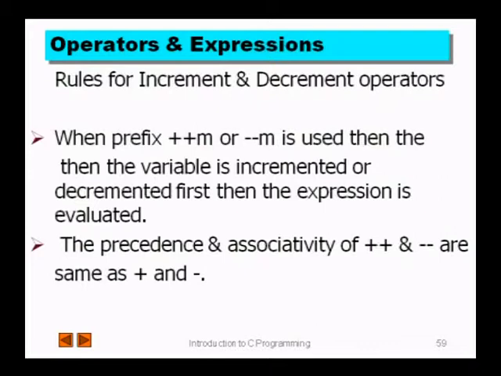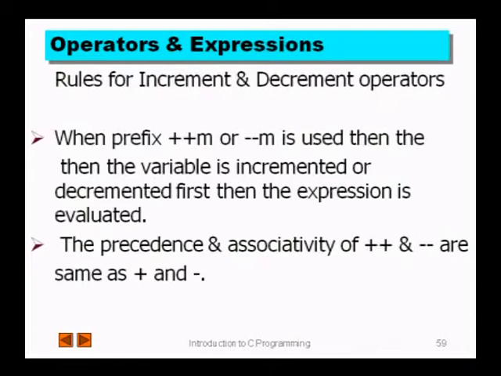So, that is the difference between postfix and prefix operator. The precedence and associativity of plus plus and minus minus are the same as those of plus and minus. Precedence means the hierarchy, which we will be discussing later. So, the same precedence as the plus and minus operator is there for the unary increment or decrement operator, and their associativity is from left to right for both.